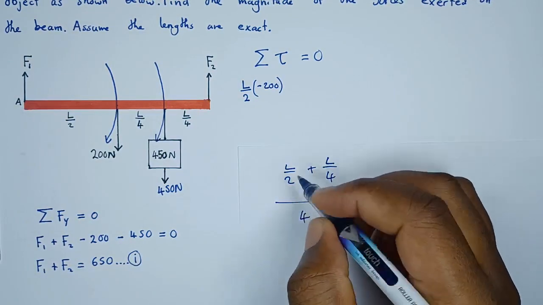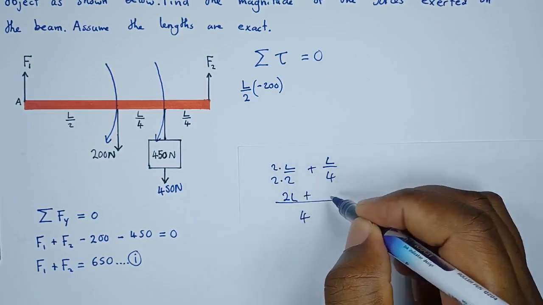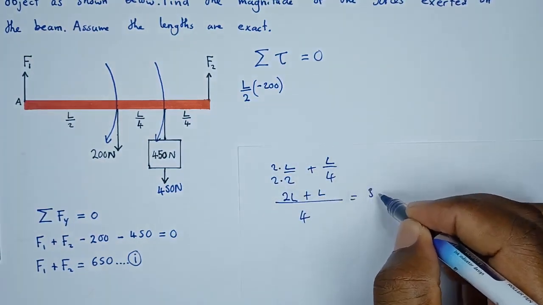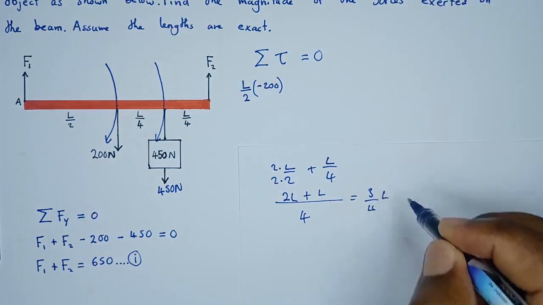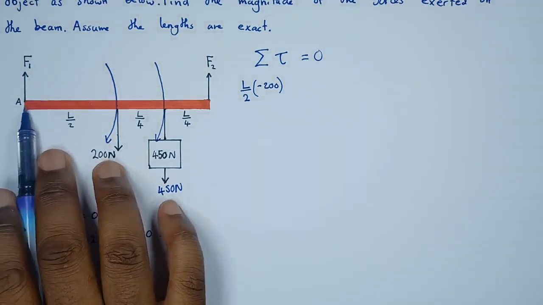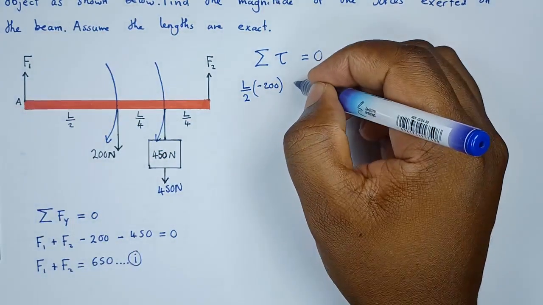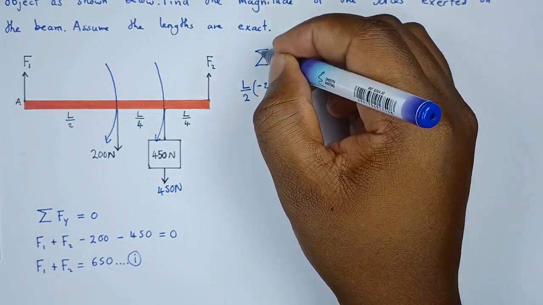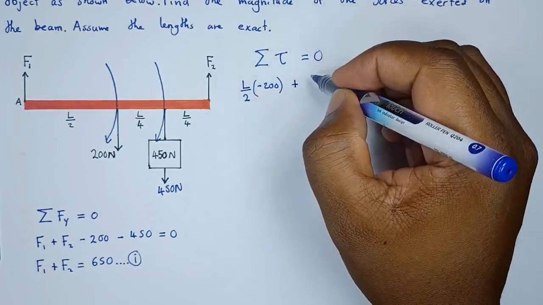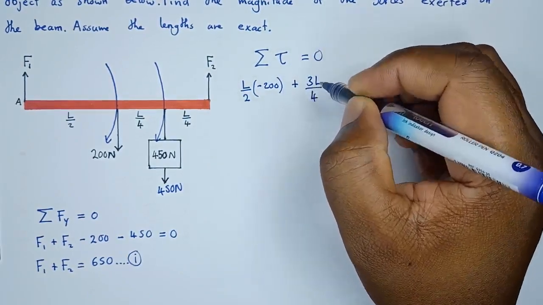Our LCM is 4, of course, so we get 2L plus L, which gives us 3L over 4. So the distance from this point to that point, we just add these two. Remember, we're summing the torques. So we get 3L over 4 times the force.